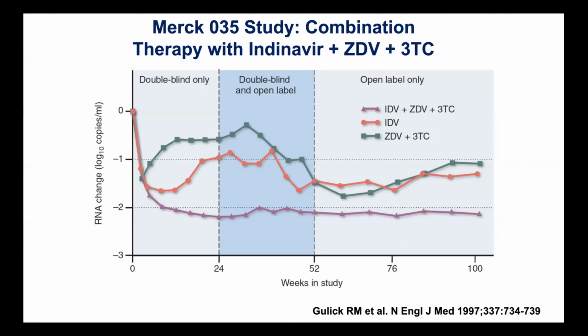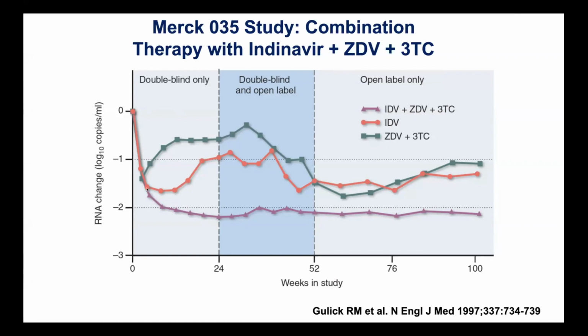The benefit to the virus of having this mutation is that it can replicate in the presence of AZT 3TC, but it's not as replication fit, as healthy, as a wild type virus in the absence of drug.